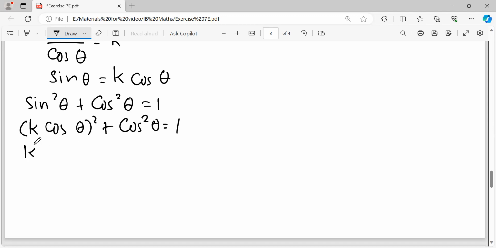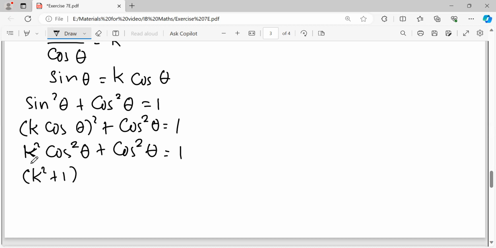It will be k squared cosine squared theta plus cosine squared theta equals 1. It's going to be k squared plus 1, factorize, cosine squared theta equals 1.